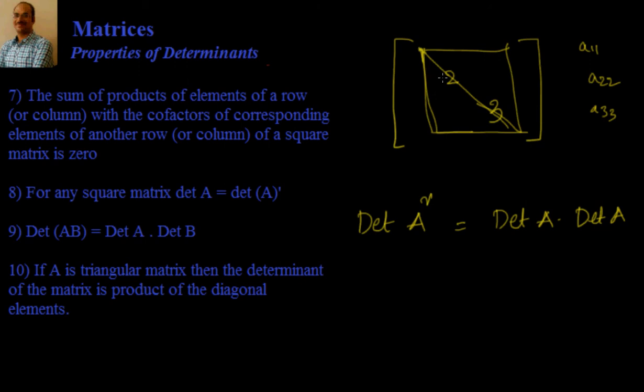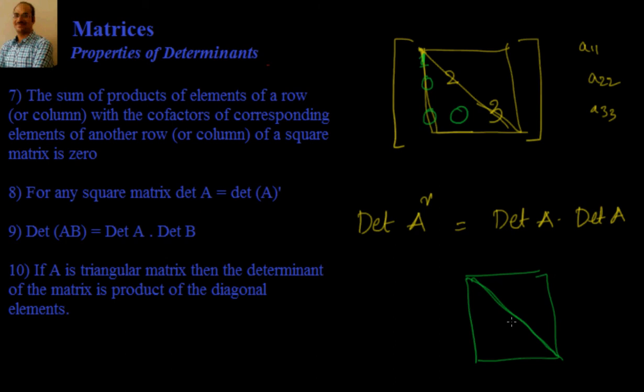If the elements in the lower part are 0, then the matrix is called an upper triangular matrix, because the lower elements are 0. You have a square and a diagonal. The diagonal elements are 1, 1, 2, 2, 3, 3.